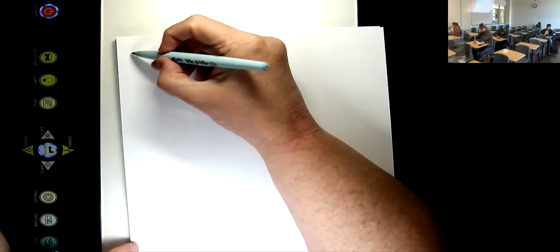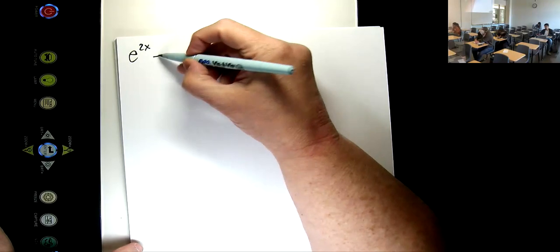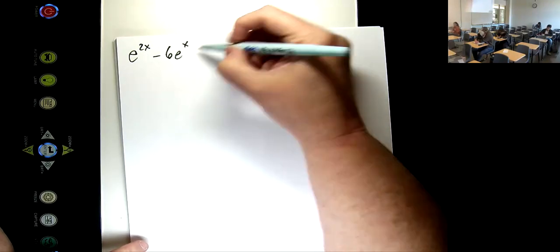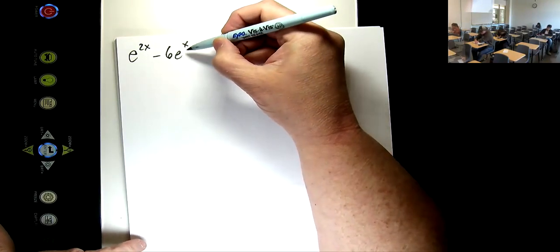All right, let's take it up a notch because that's what we do in here. e to the 2x minus 6e to the x plus 5 equals 0.